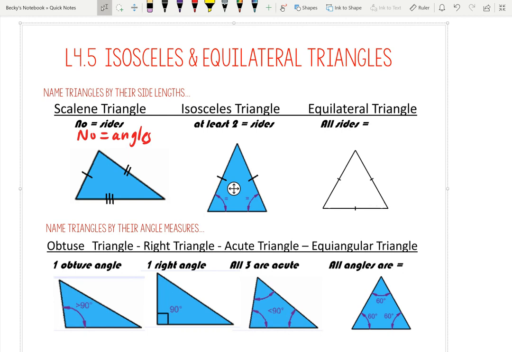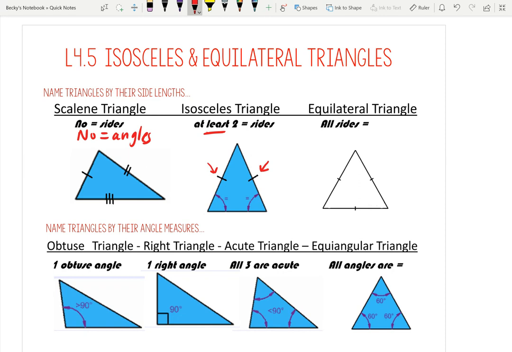Next, isosceles means, and this is maybe new, it has at least two equal sides. At least means it could have three. However many equal sides the diagram shows you, that's how many equal angles you have.